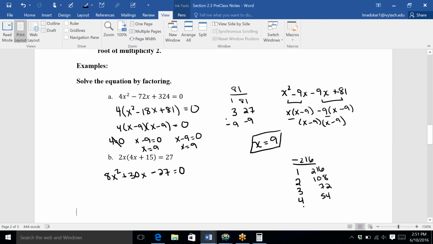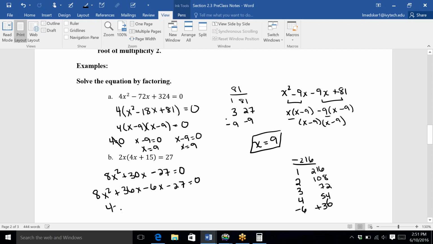And I can stop here even though I haven't got my full list, because for me to multiply to a negative, I have to have opposite signs, and this was 36, by the way. If you're going to add to 30, if you had negative 6 and positive 36, that would do it. So we're going to take this and turn it into 4 terms. I'll put the 36 first, then the minus 6x minus 27 equals 0.